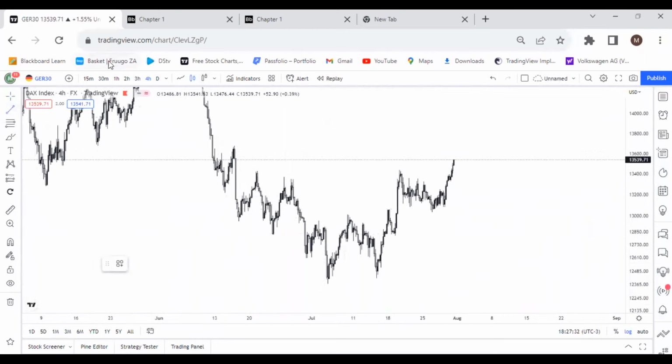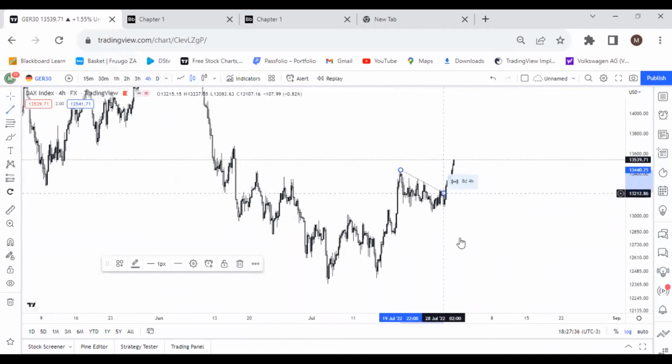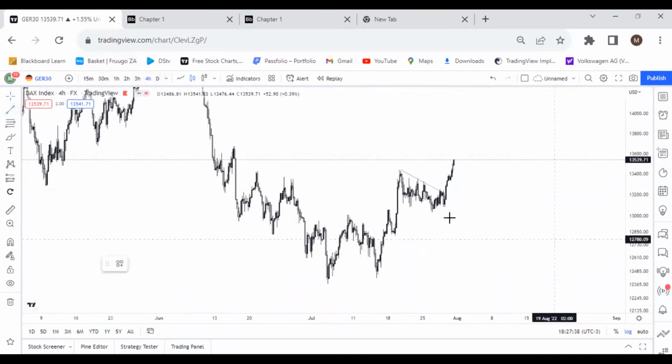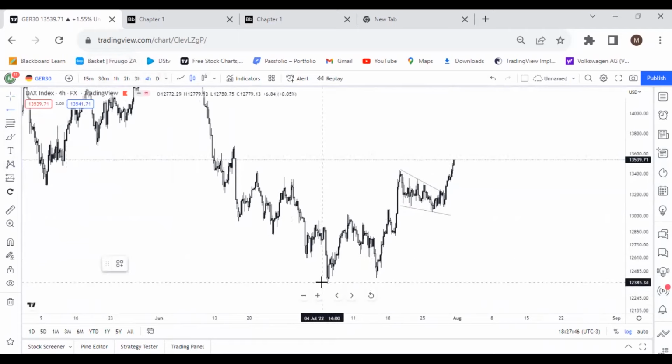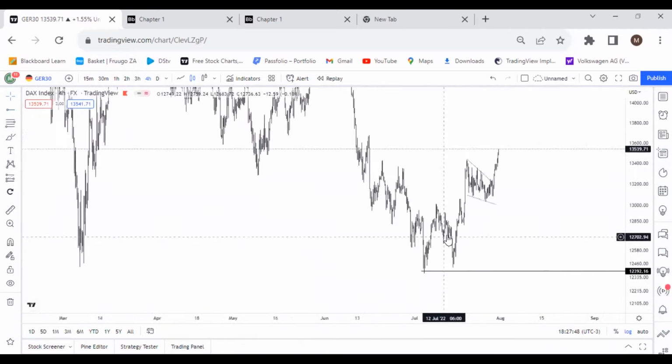So basically here in the 4 hour time frame, we had a bullish flag right there, as you can see, from this point, which was potentially the lowest point right there.